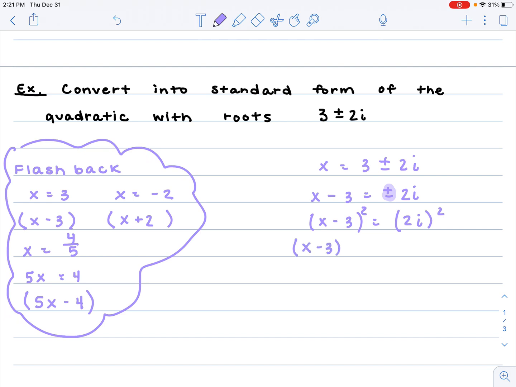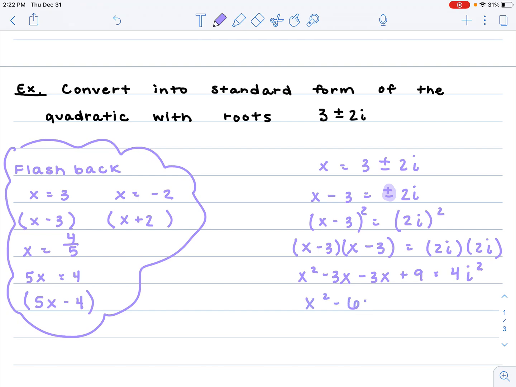So this would become x minus 3 times x minus 3. And this would become 2i times 2i. Over here, we get x squared minus 3x plus 9. And over here, we get 4i squared.